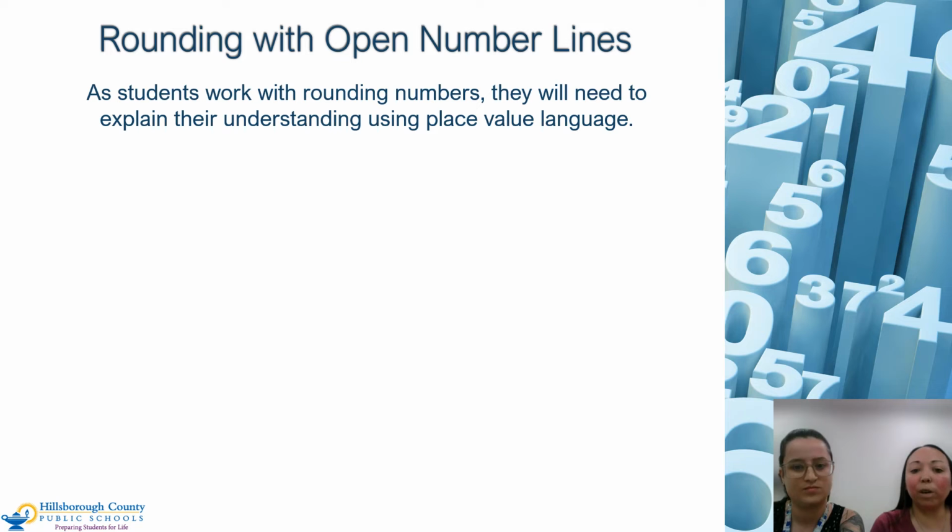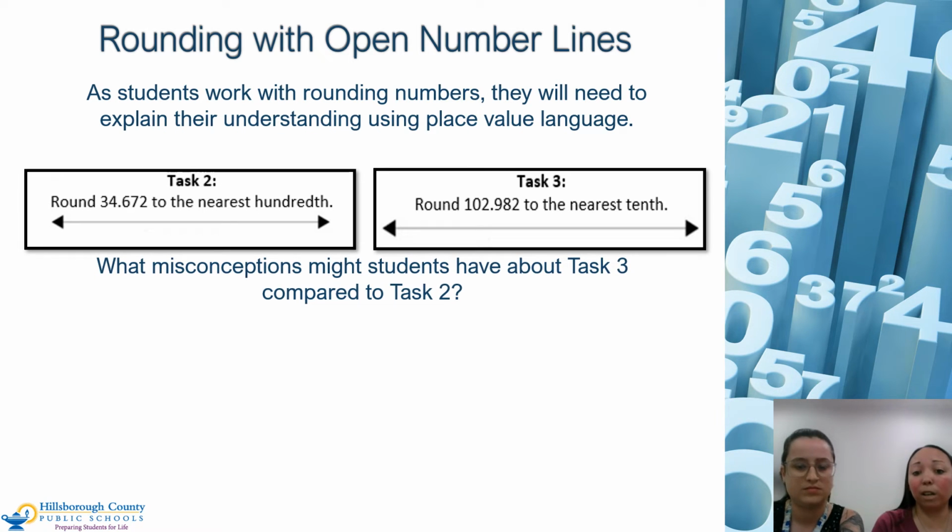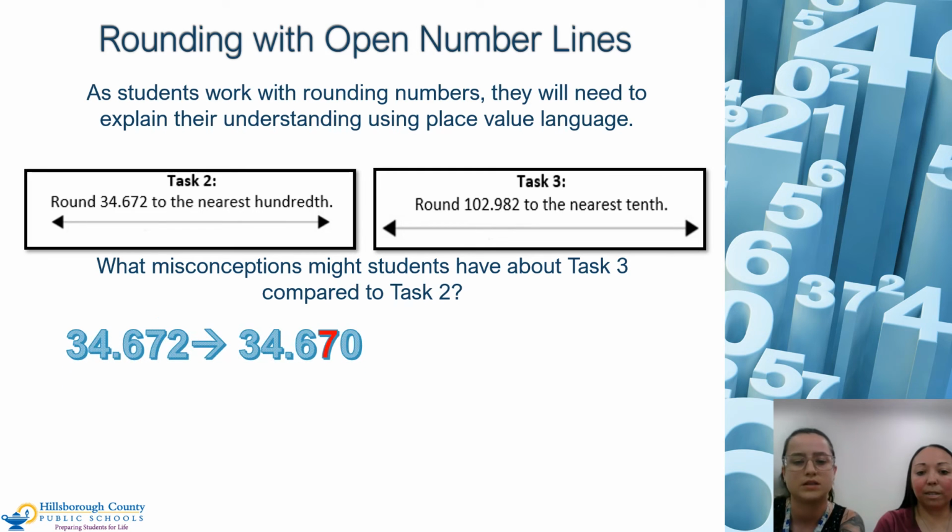So when students are rounding numbers, they need to explain their understanding, and we want them to do this using good place value language. If you refer back to task 2 and task 3 from the beginning, what misconceptions might students have about task 3 in comparison to task 2? If we look at both of them, they're both asking students to round to a certain decimal place. However, task 4 is asking you to round to the nearest hundredth, and when I round to the nearest hundredth, only one of my digits is really affected.